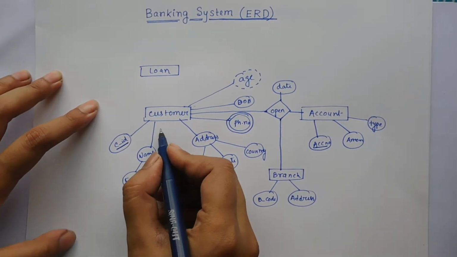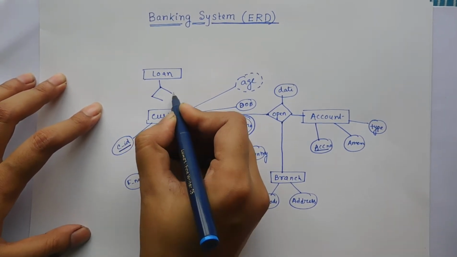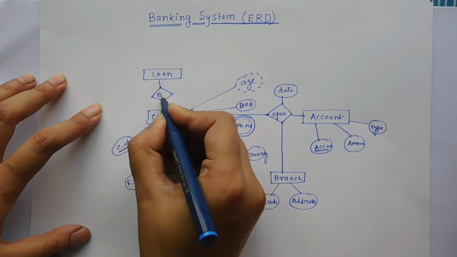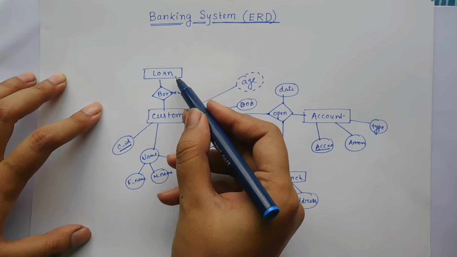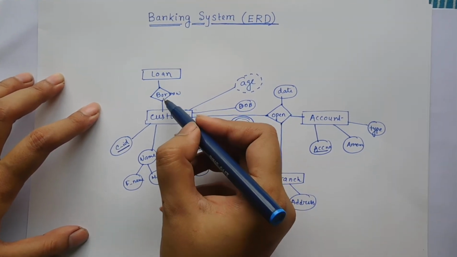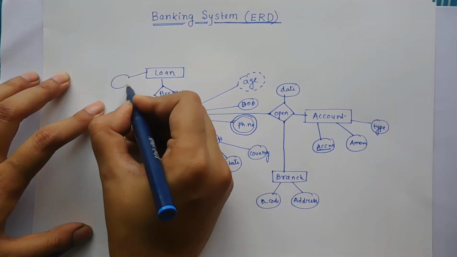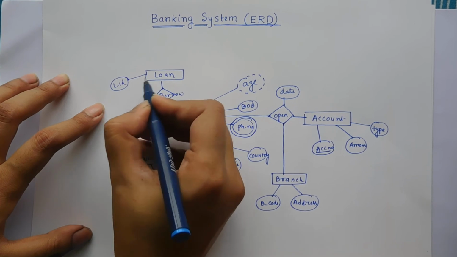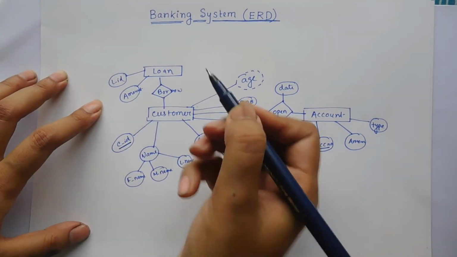Suppose a customer can borrow loans. So loan is an entity, and a customer can borrow a loan. So borrow is a relationship. Loan has attributes like loan ID, the identification number, and amount, how much money.